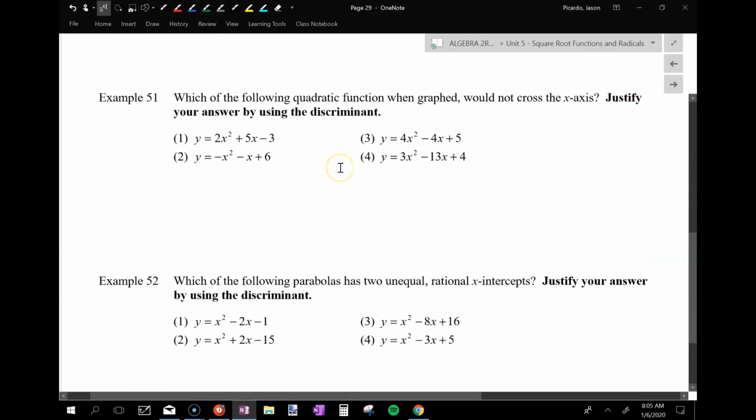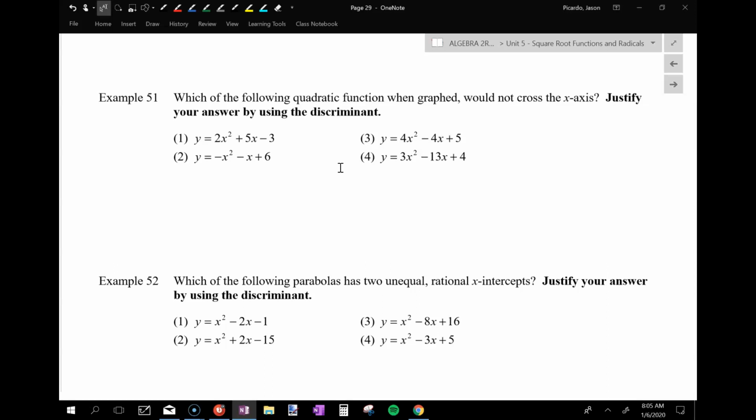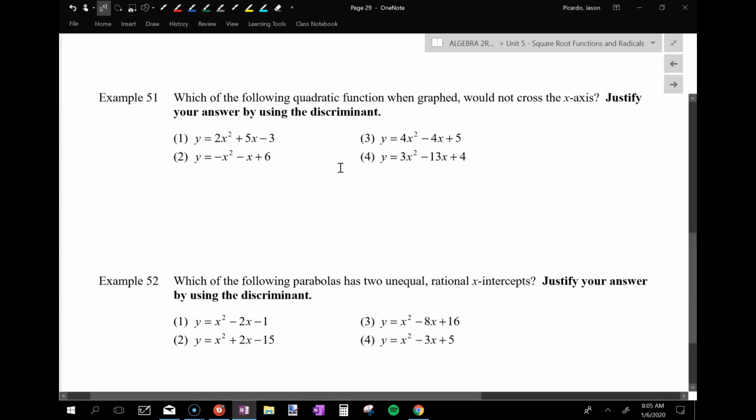Which of the following, when graphed, would not cross the x-axis? Now, guys, this is an exercise in one, do you understand the tools that you have at your disposal? And do you really understand the math? Guys, think about this for a minute. Is this going to be a happy or sad parabola?